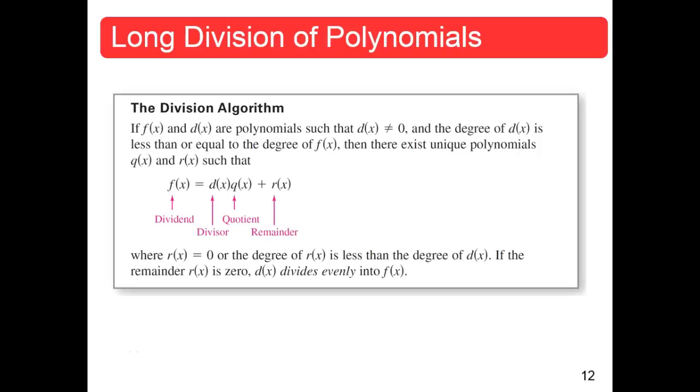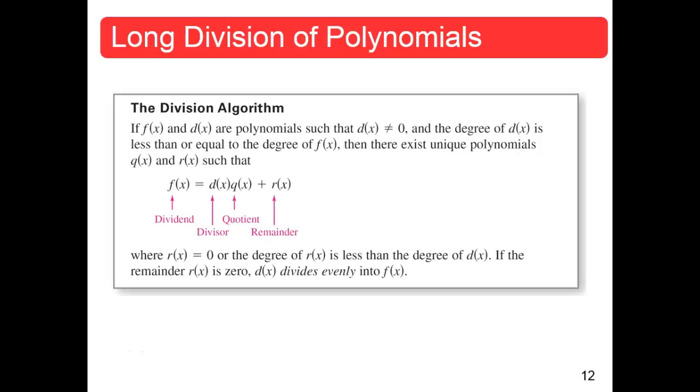Then the degree, now here's the other key. If you're trying to divide this into that, this has got to be a lower degree than f. Not even the same degree, has to be lower. The degree of d of x has to be less than or even equal to the degree of f of x. If the divisor is greater degree than the dividend, you can't divide. You just can't do it, okay?